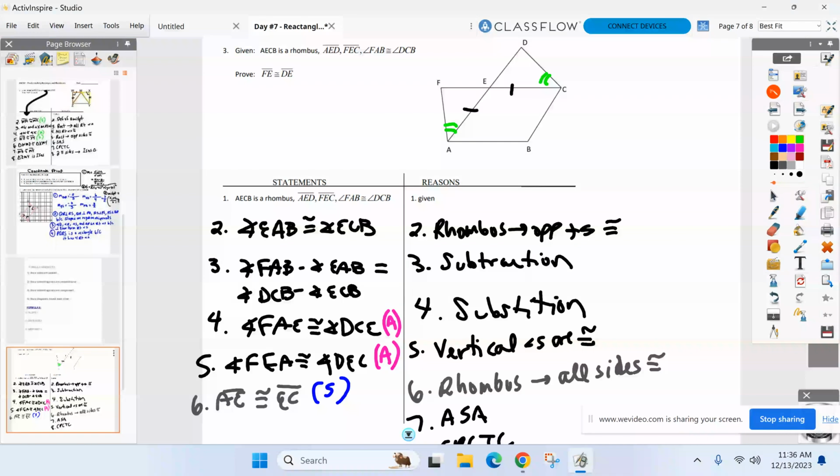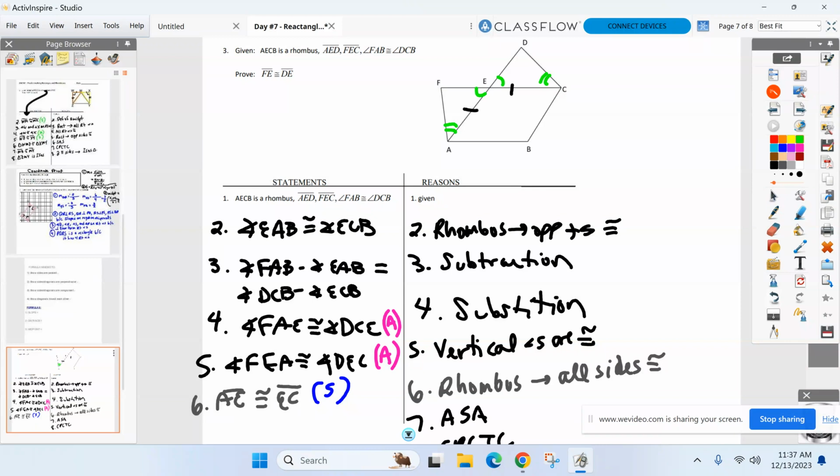Well, if you said angle angle side, that means the side's not in between them. It doesn't mean you have two angles on the side. It means that the side's in between or it's not. That's the difference between the two. Because if that was the case, we'd only have 4 methods. You could just put AAS in any order you want. But that's not the case.